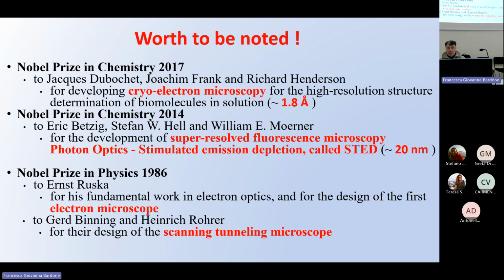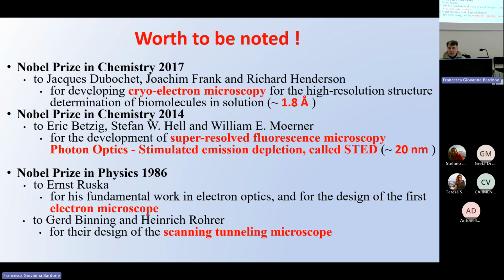In 2014, fluorescence microscopy gave the possibility to these researchers to get the prize, because with photon optics you have a resolution of nanometer size. And many, many years back, Professor Ernst Ruska in Germany in '86 got the prize for the development of the first electron microscope.